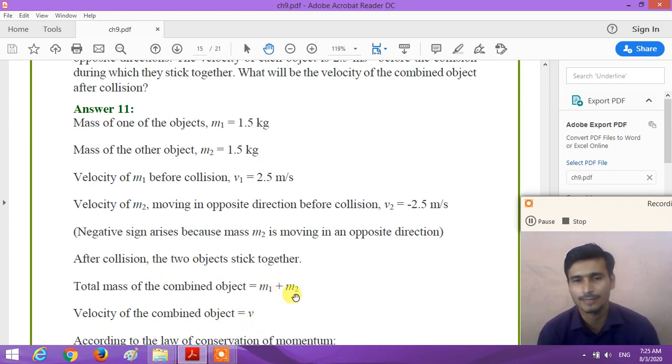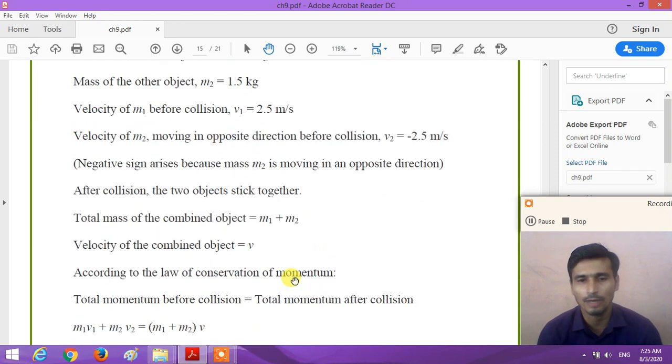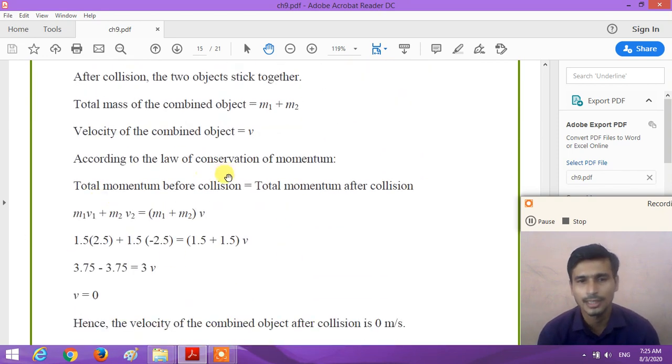Here m1 plus m2 is 1.5 plus 1.5, which gives 3 kg. According to the law of conservation of linear momentum, total momentum before collision is equal to total momentum after collision.